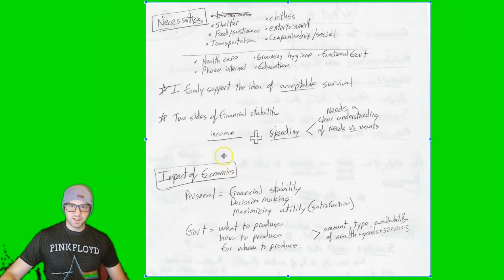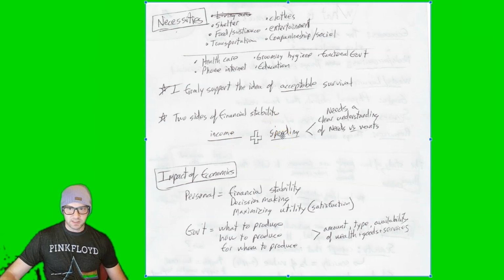This knowledge of necessities seems basic, and it seems like everyone knows it, but it is one of the most powerful tools for establishing financial stability. There are two reasons that people do not have the money and stability they want in our area. One reason is lack of income. So on one side, you need a good income. And on the second side is too much spending. Good income, low spending.